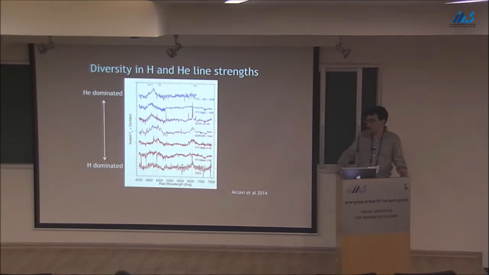And a lot of work to understand this so far has been done with photoionization calculations using tools like Cloudy that are really tailored for situations where the optical depth of the environment is low, but as we'll show later here, a lot of the lines we think are forming in regions that are optically thick to electron scattering, and that will have a profound effect on both the lines and the continuum that you see.